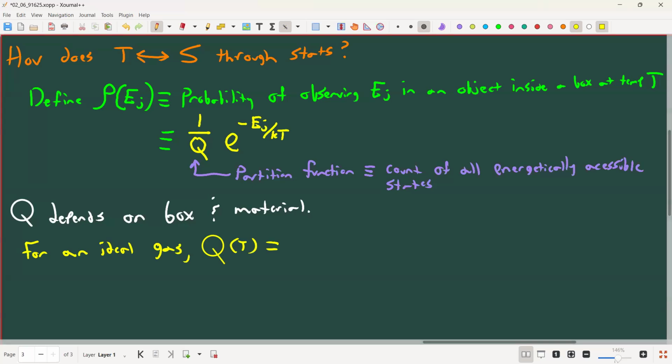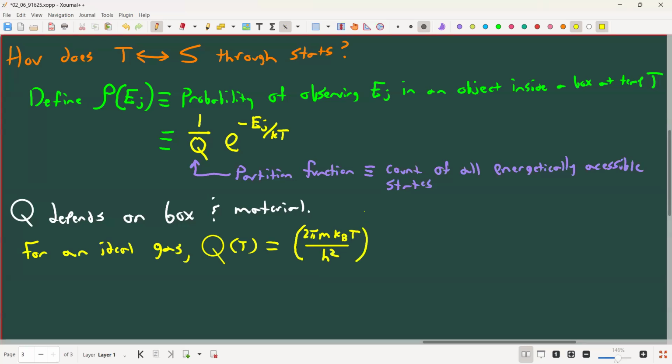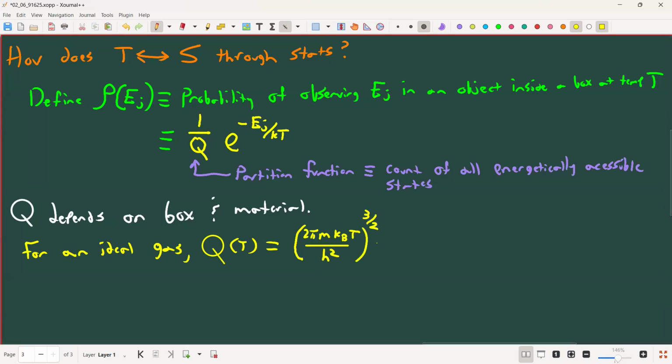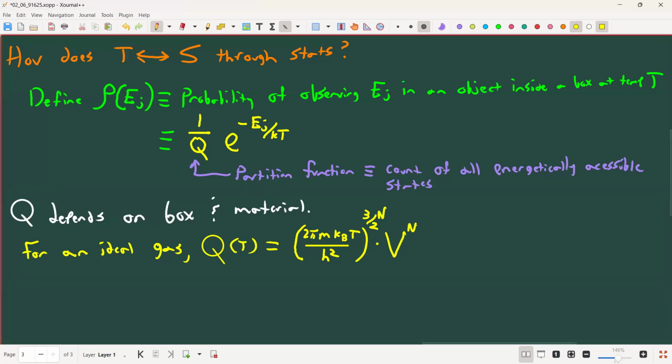Q is a function of temperature: two pi times the mass of the particle, kBT, over this constant h squared, to the 3/2 power, times the volume. Sorry, I need two factors of N there.